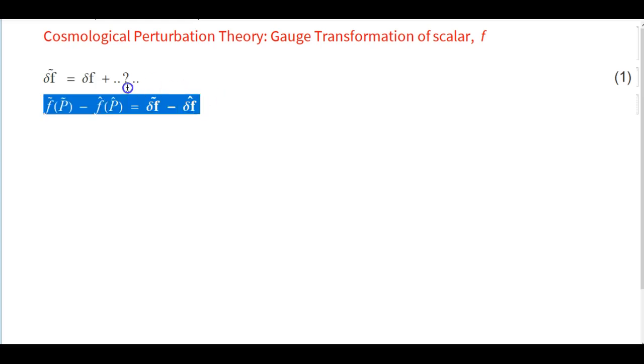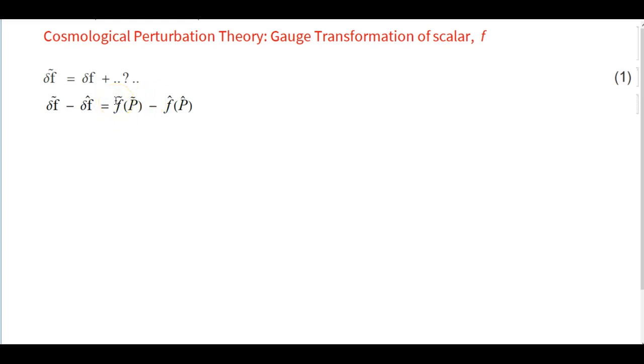To find how these two are related, we need to simplify the right hand side as much as we can. Now, what is f tilde at p tilde?